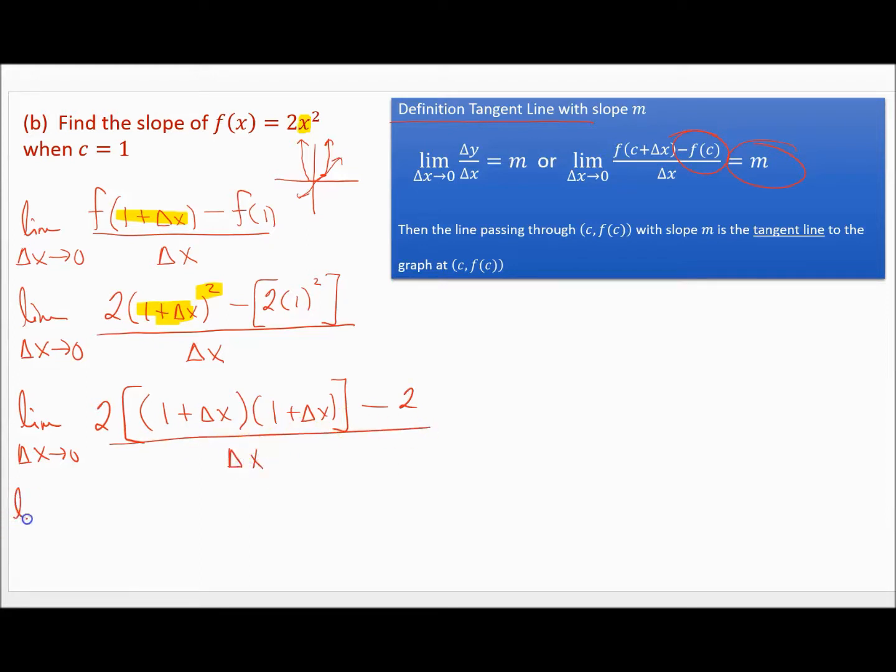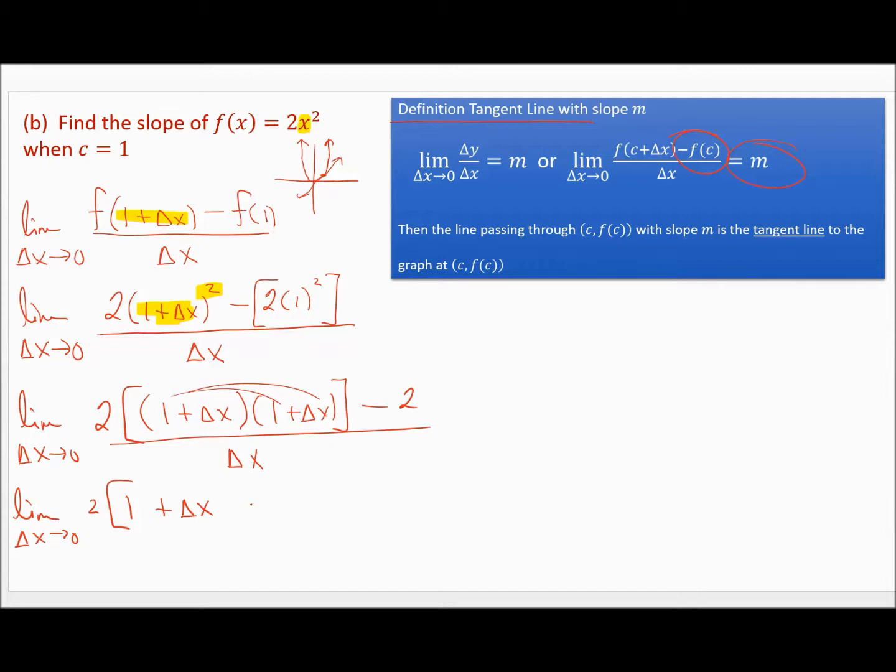I'm going to use the FOIL method to expand that binomial. So here I go, 1 times 1, of course, is 1. 1 times delta x is delta x. Now keep in mind, delta x is just one variable. It's not delta times x, it's just the name of one particular variable.